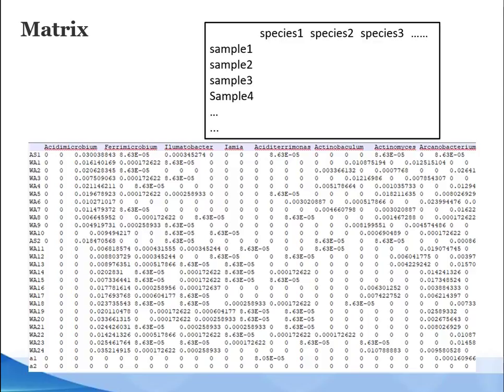The rows represent the different samples and the columns represent bacterial genera. The data are the relative abundance of the bacterial genera.